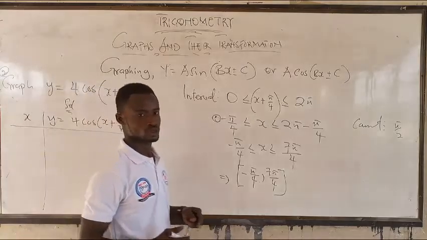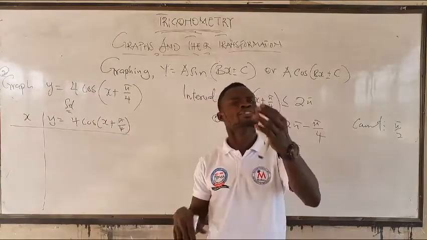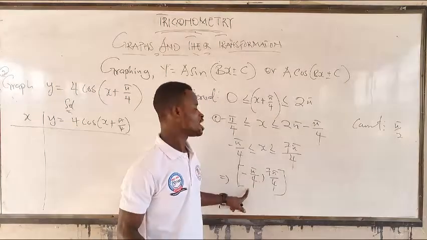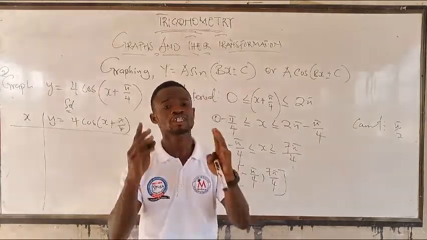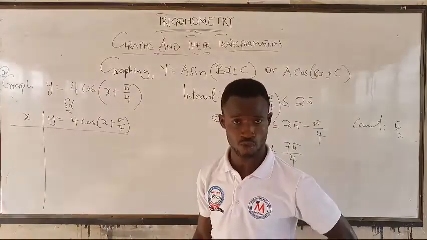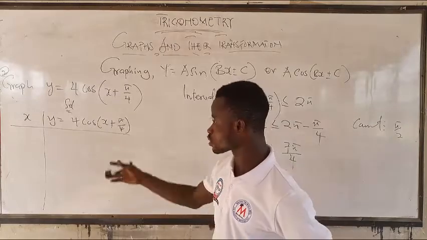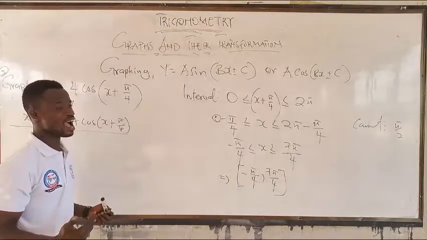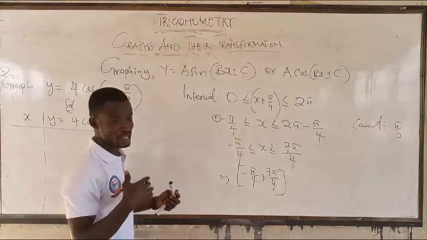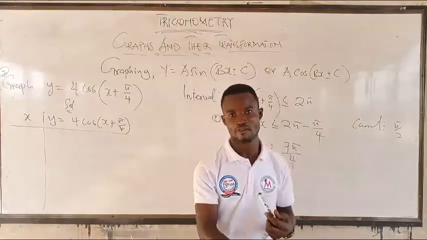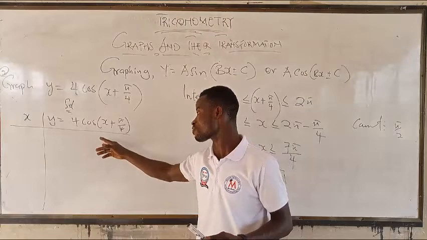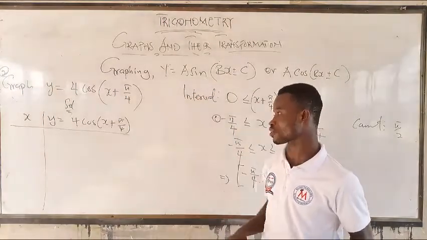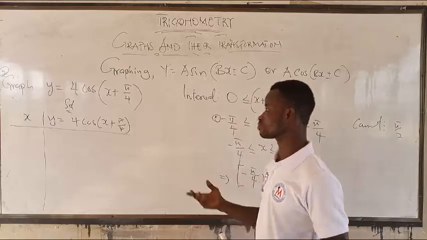Here, it's not at origin. It's not starting, you look at the interval. It's not starting from 0. So no need for you to include 0 on the table. Don't include 0 on the table, like what we did at first, but I made you ignore the values you are going to get after the computation of that 0 and pi on 2. I hope you haven't forgotten it. Was it pi on 2? Yeah, I think pi on 2.